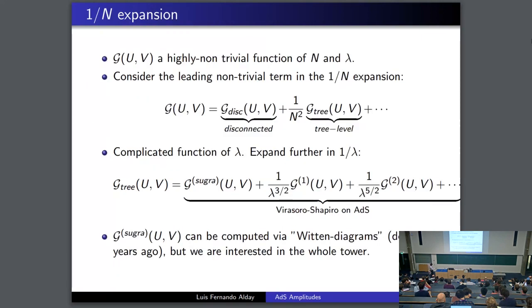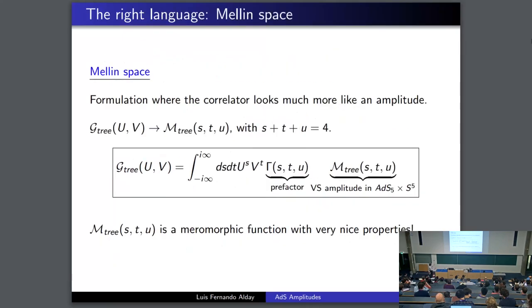From this correlator, that is the one that we are going to consider, we define the Mellin amplitude by the following transform. So this is very similar to a Fourier transform, where this is a prefactor with some gamma functions, and this one here is what you would call the Virasoro-Shapiro amplitude in AdS5 x S5.